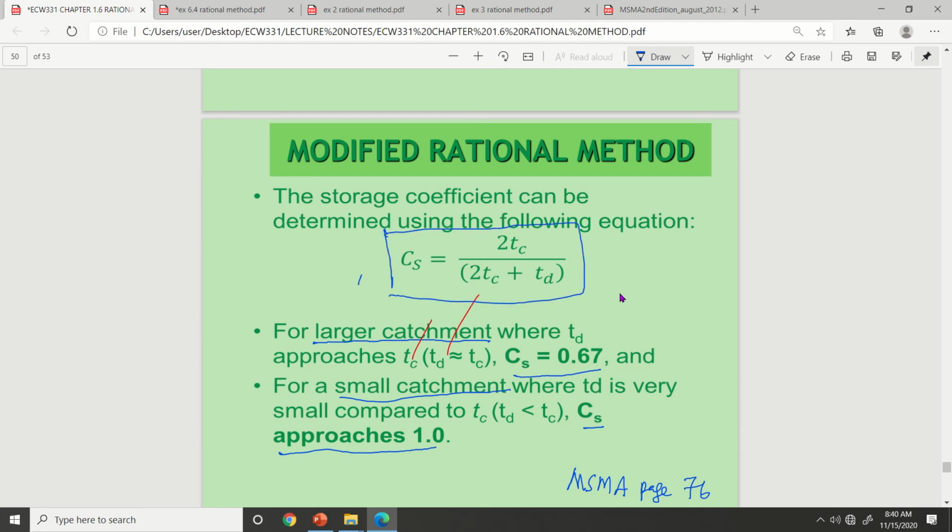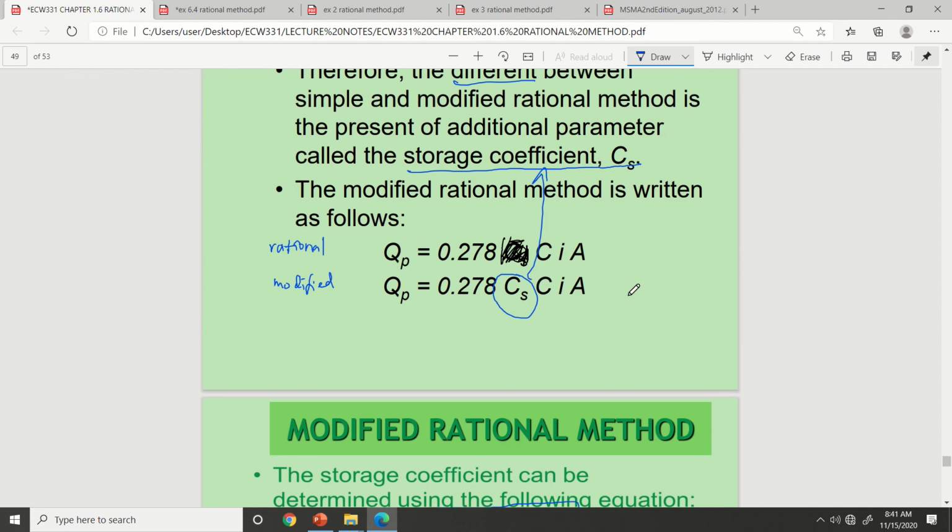You have to remember this formula: CS is equal to 2 TC, the time of concentration, divided by 2 TC plus TD, where TD is the drainage time. For a smaller catchment area, CS is 1.0. So for a smaller one CS is equal to 1, and that's why we get 0.278 CIA only.